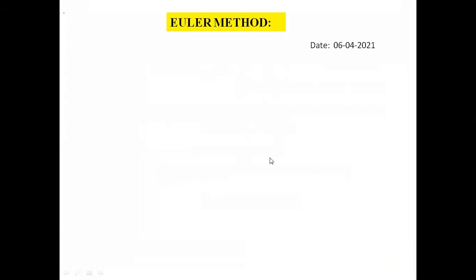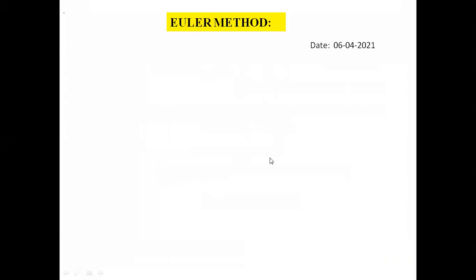Okay. Yesterday, we started the third module on the numerical solution of initial value problems. That means when a first order, first degree differential equation is given, how to solve it numerically with the initial condition.